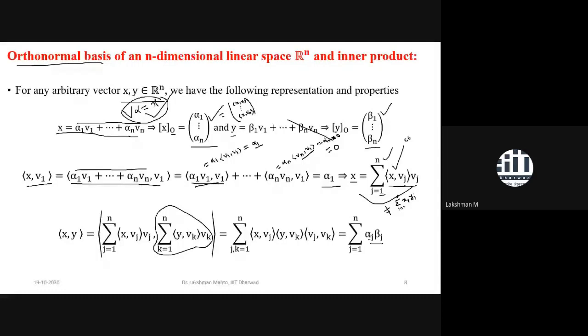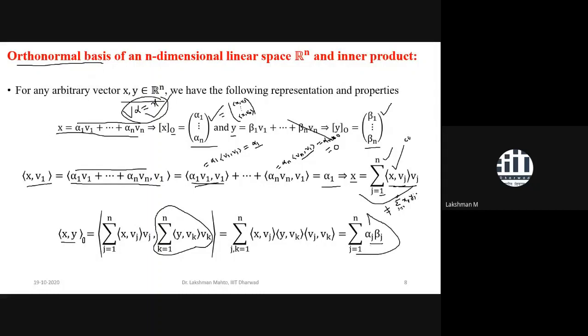Alpha j is the coordinate of the given vector with respect to the orthonormal basis.